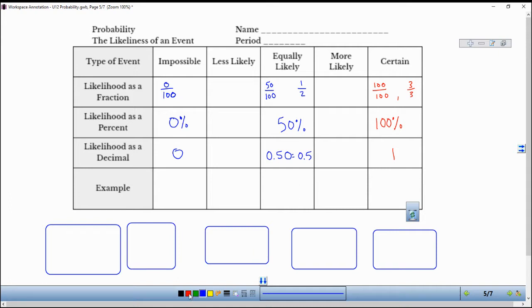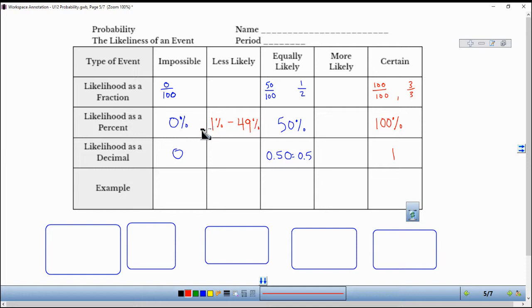The other two are more of a range. It's not an exact number. If we're looking at less likely, I'm going to start with percent here. It might be easier to understand. As a percent, it'd be between 1% and 49%. Again, I'm looking at just whole number percentages; you can have decimals in there that might be more than 49 and less than 50.